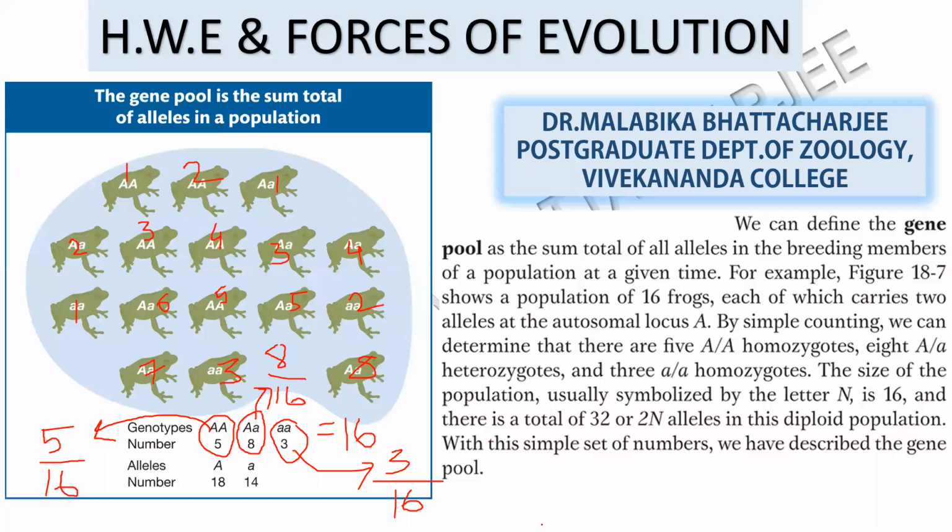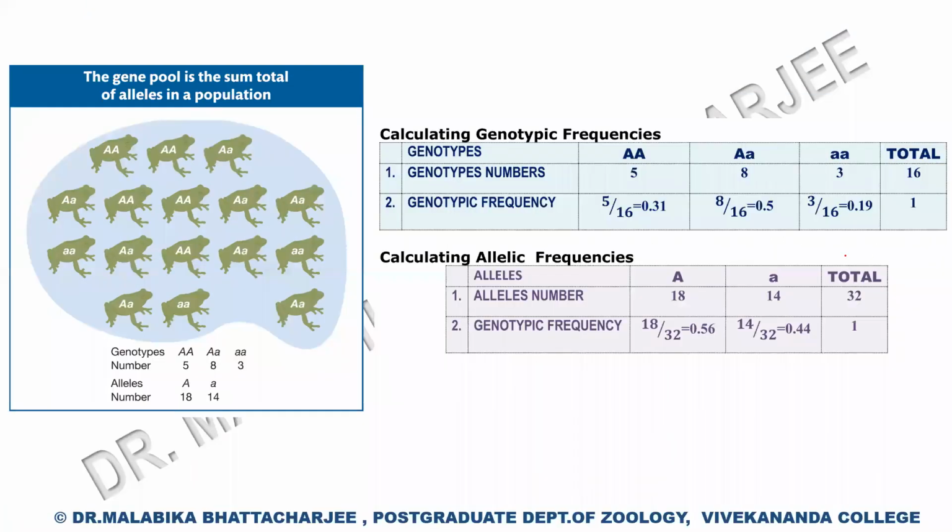We calculate the number of individuals of each genotype and divide it by the total number of individuals, and we get the genotypic frequency. So let's look once more into the picture. There were 5 AA individuals.